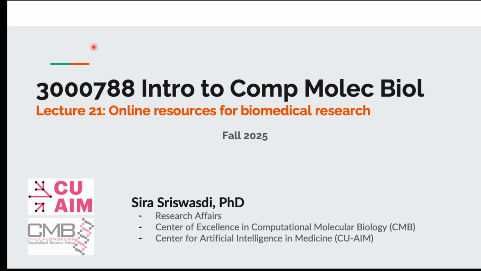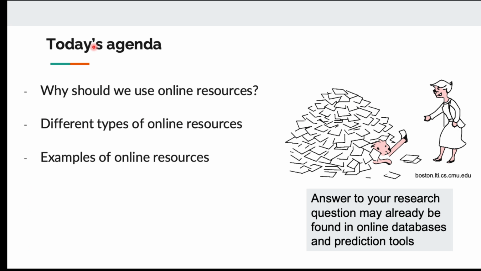For today, we're going to talk about what we can do with bioinformatics tools and databases that are online. Before, we focused on doing the assignments on our own computers, but now we want to explore what information is available online to supplement our research. So today's agenda is simple.